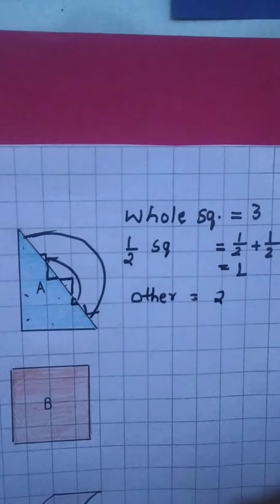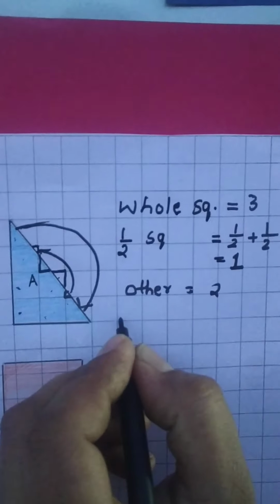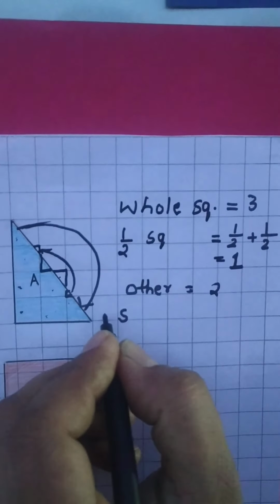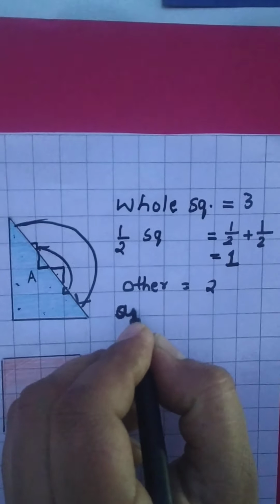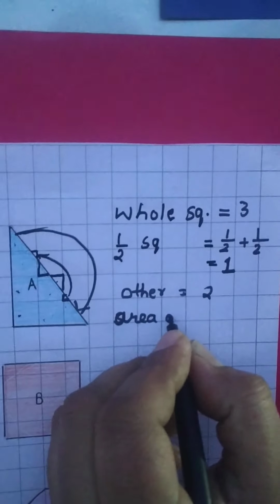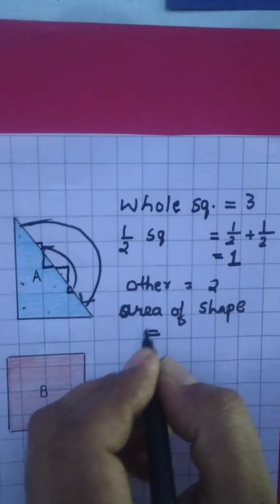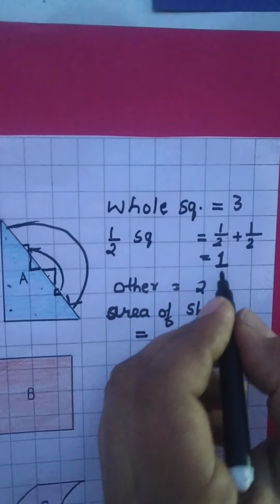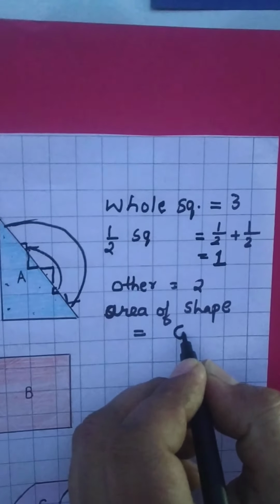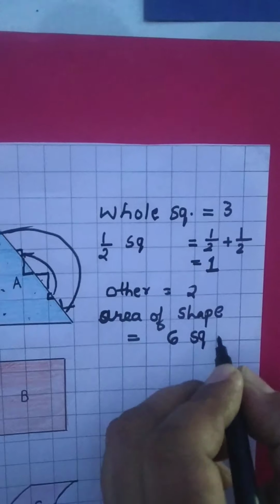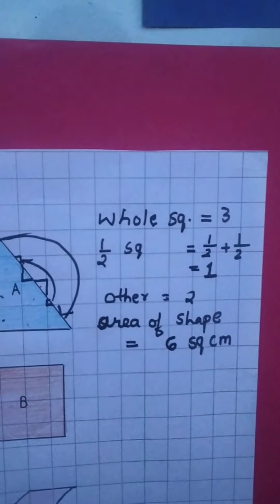So how many total parts are here? Squares. We will find the area. Area of shape is equal to 3 plus 1, 4, 4 plus 2, 6 square centimeters.